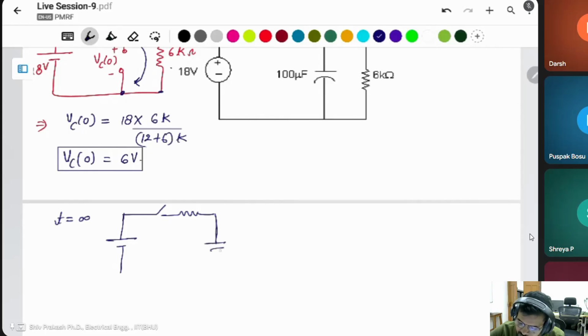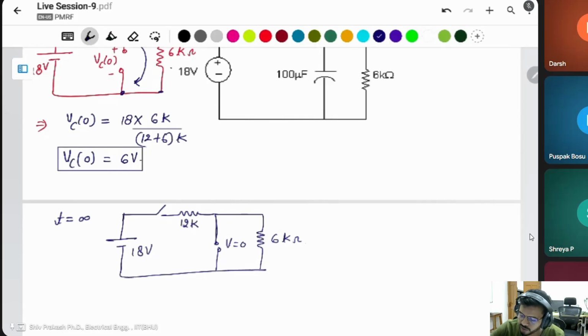This capacitor is there, 12k, 6k. At infinity, the capacitor is an open circuit. Then what is the voltage? In this condition, 0, because there are no sources there. Then at infinity, you can say this voltage will be 0.